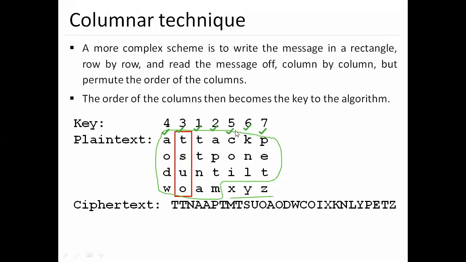Then we have the fifth column, COIX. Then the sixth column, KNLY, and last is PETZ.